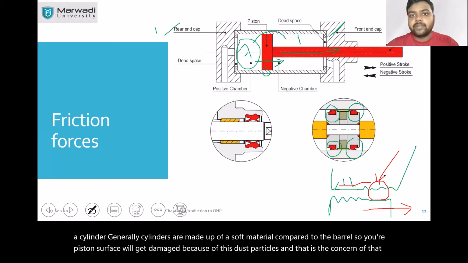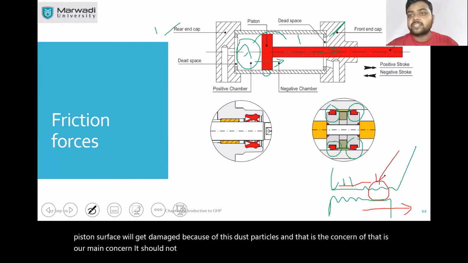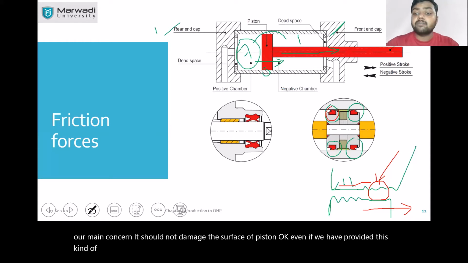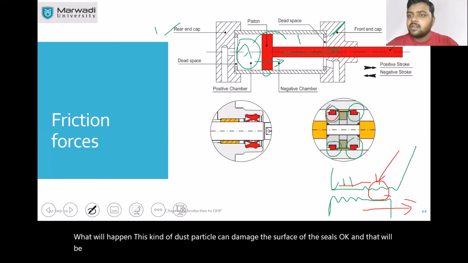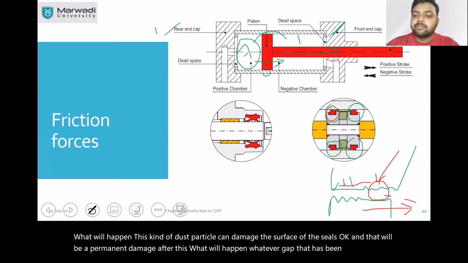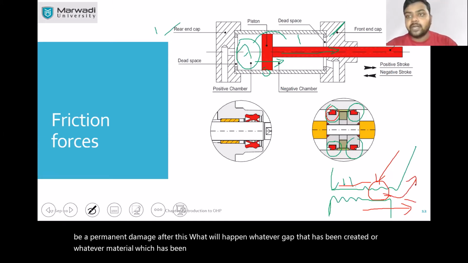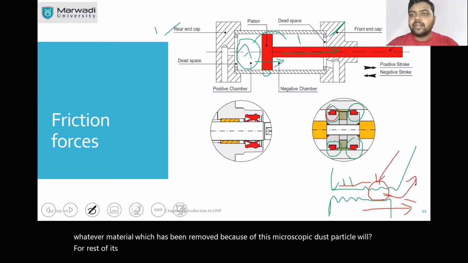It should not damage the surface of the piston. Even if we have provided seals, the dust particle can damage the surface of the seals, and that will be permanent damage. Whatever gap has been created, or whatever material has been removed because of this microscopic dust particle, will for the rest of its life result in some sort of air leakage, right?